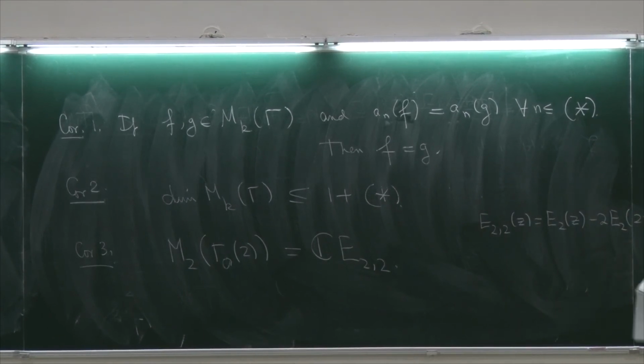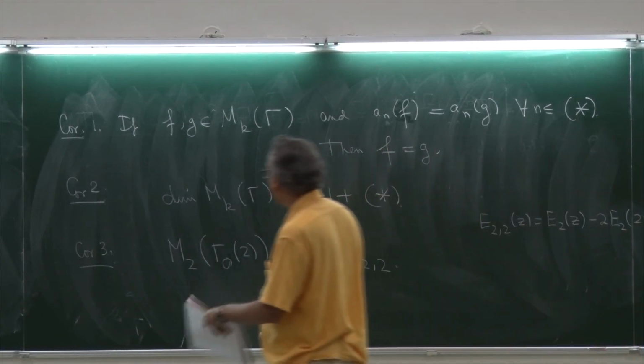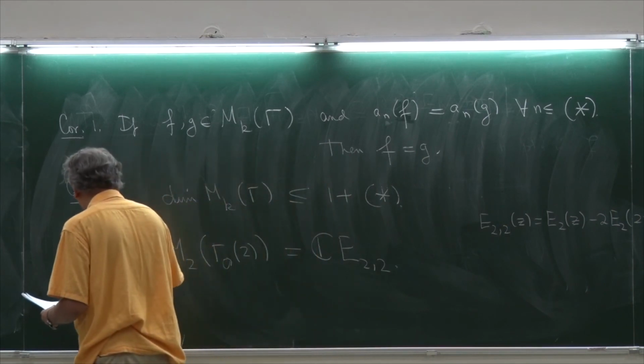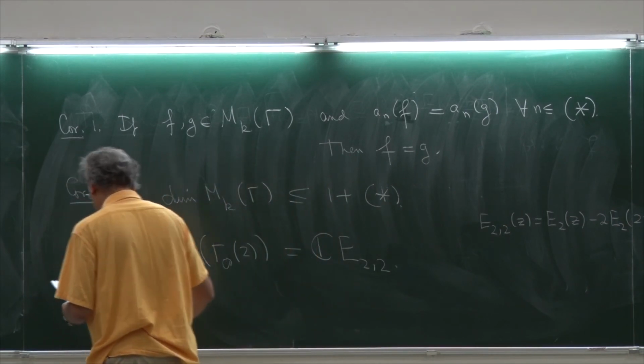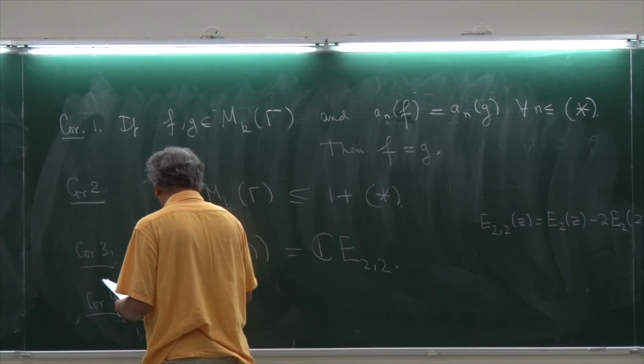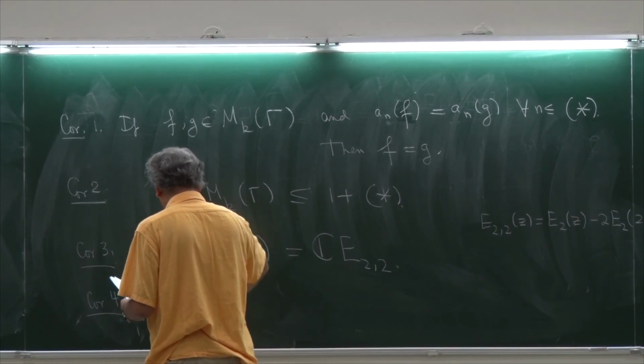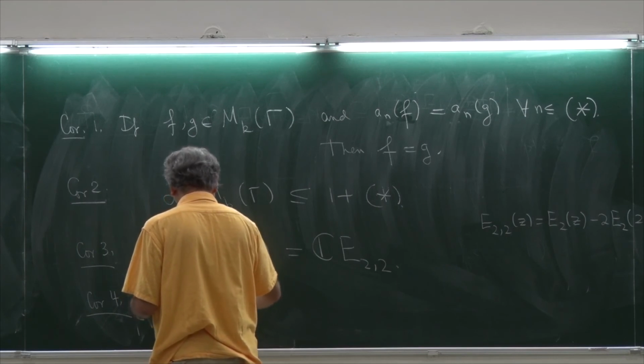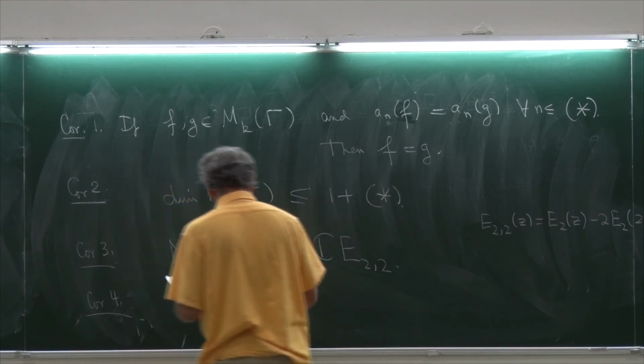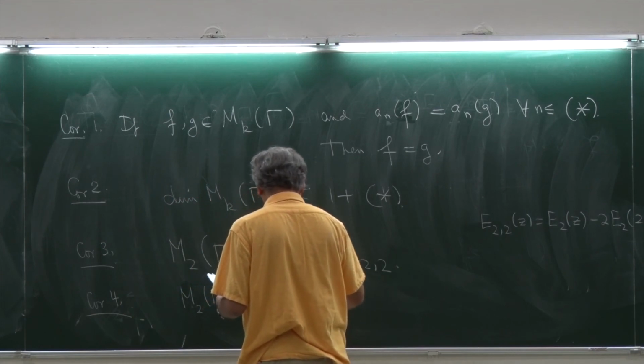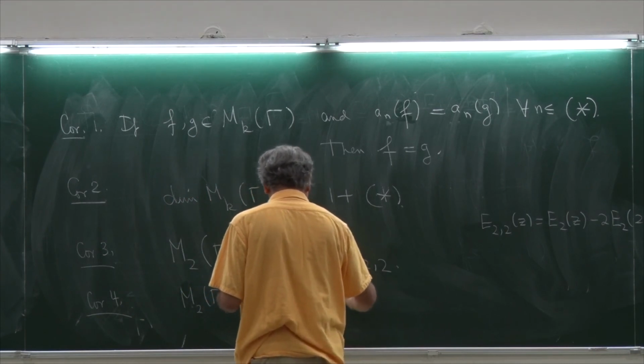And it turns out you can use, again, these Sturm bounds to show that M2 of gamma naught 4 is a two-dimensional vector space generated by E22 and E24.